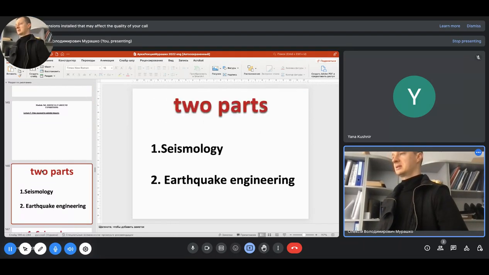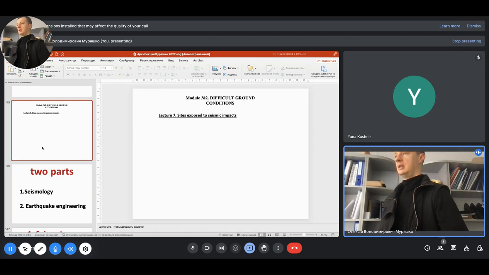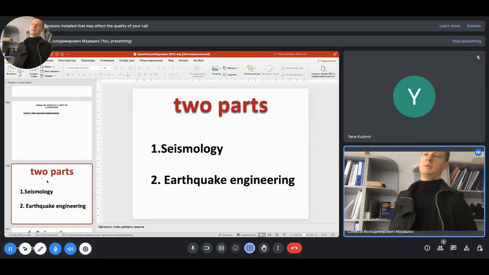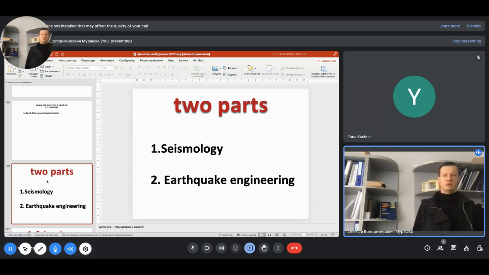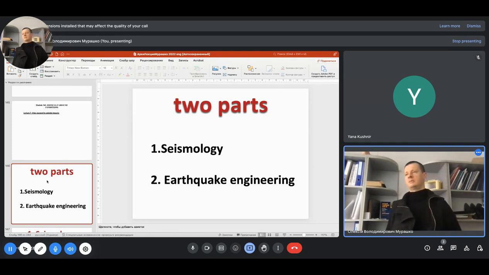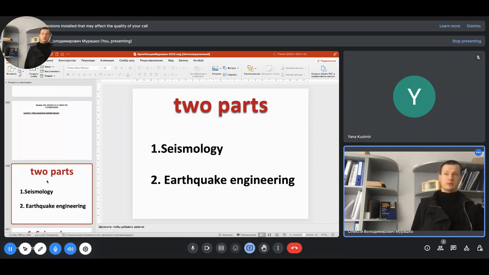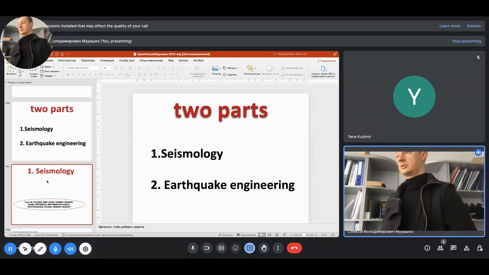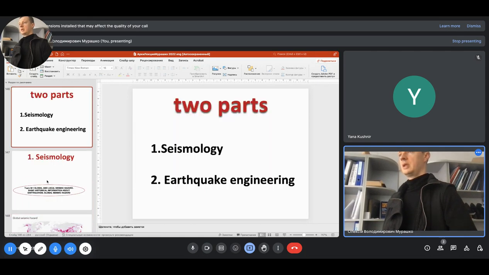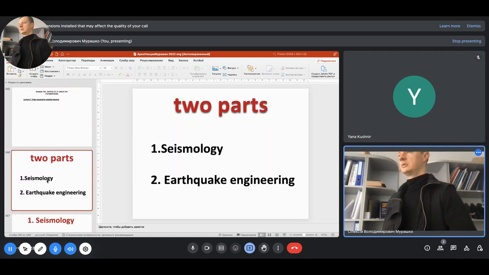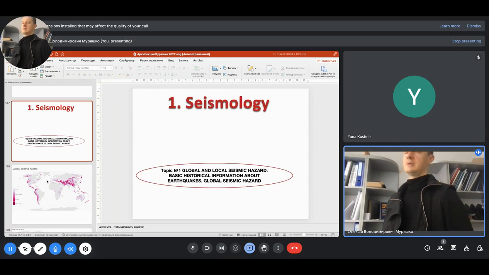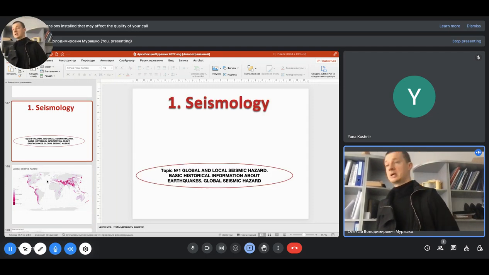The next part of our lectures will be devoted to seismology, and we will discuss all problems connected with architectural earthquake engineering. First of all, to start seismology, we have to know that we have different levels of seismic hazard.